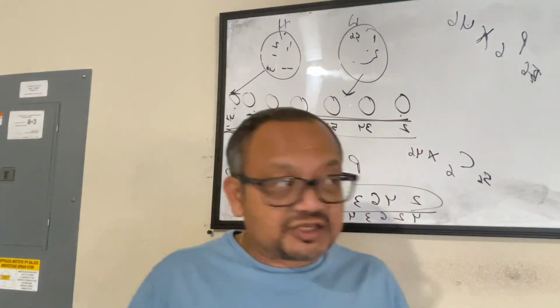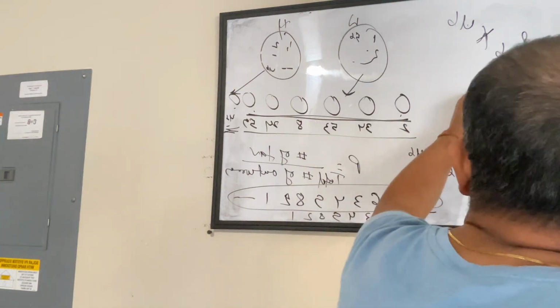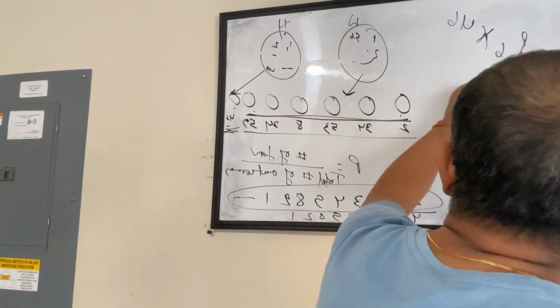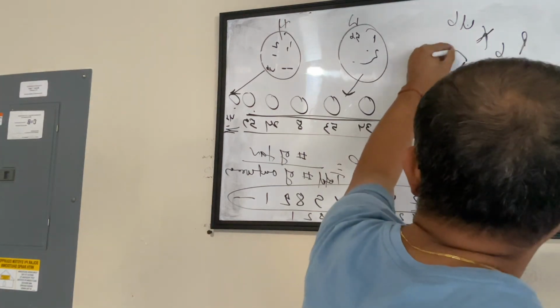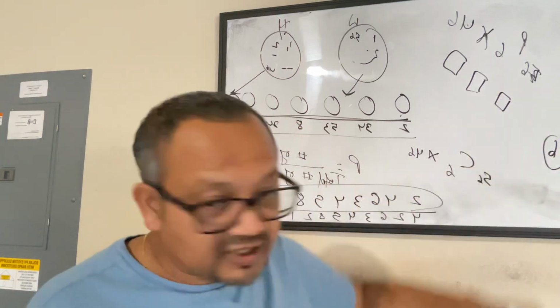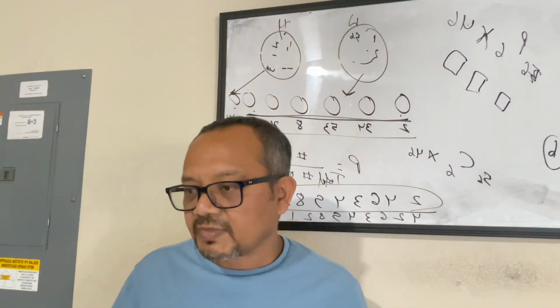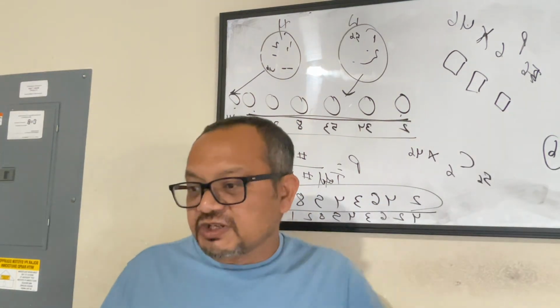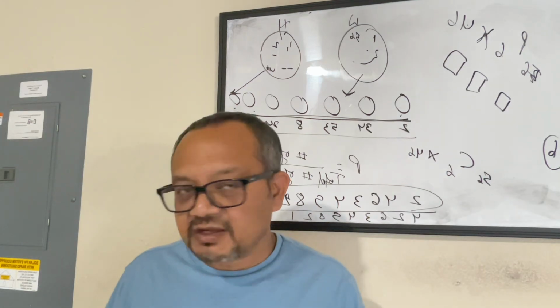When I say permutation, if you remember, we said, okay, I have, let's say, 3 chairs to be filled with 6 people. And who sits first, who sits second, that matters.